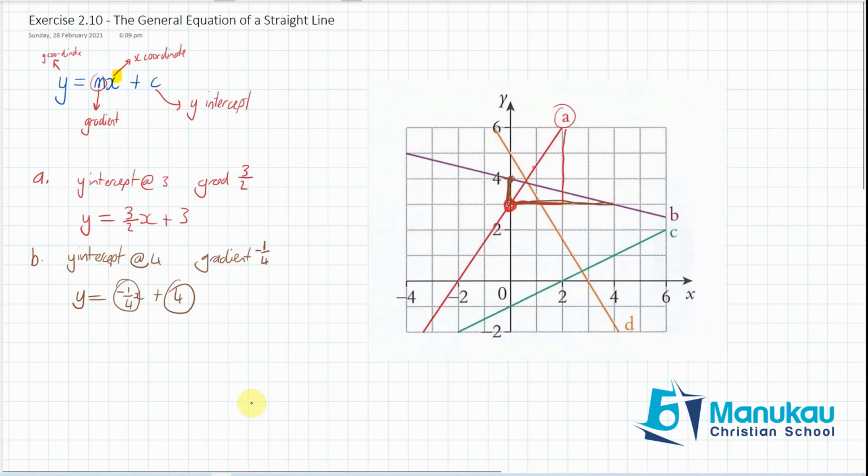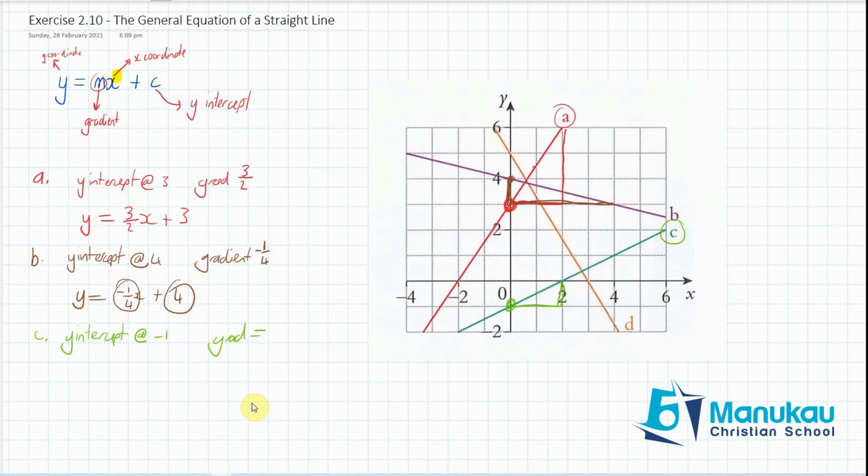Now let's have a look at C. Here's C. My y-intercept looks to be at negative 1, and my gradient, let's have a look at the gradient. It's a positive gradient. I go across 2 and up 1.